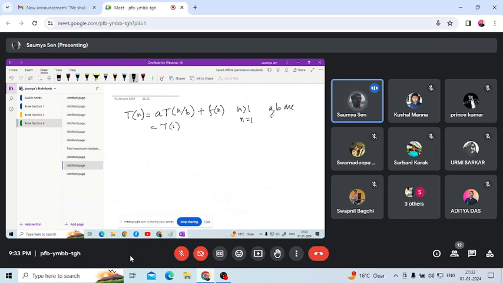To make our problem easy, we say n equals some b to the power k.